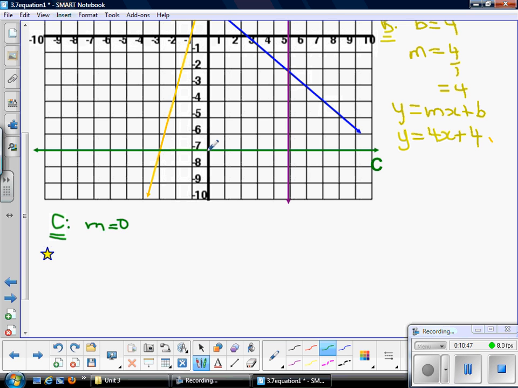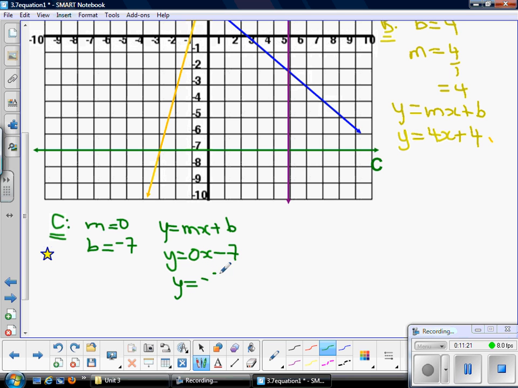My y-intercept is -7. And so if I actually put it into y equals mx plus b, what happens when my slope is 0 is that the mx disappears, right? Because that would be y equals 0 times x, which means that's gone, minus 7. So what you end up with is y equals -7.